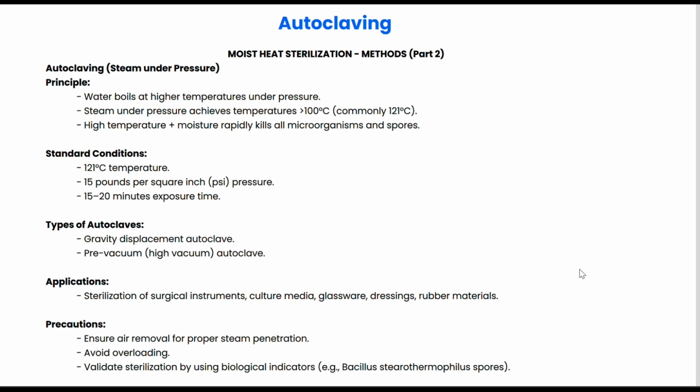And finally, verify that sterilization has been achieved, typically using biological indicators like Bacillus stearothermophilus spores, which are highly resistant and a good test for proper sterilization. Autoclaving is considered the gold standard for sterilization, reliable, fast, and safe when properly operated.